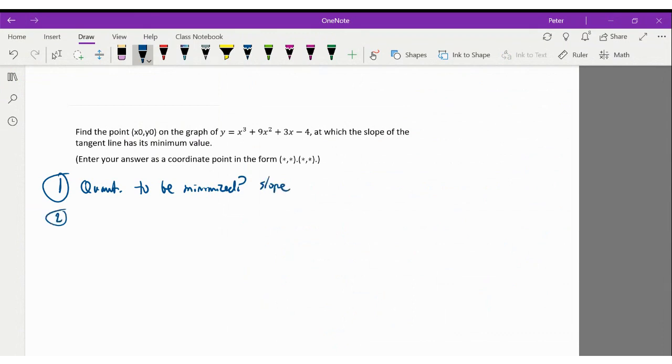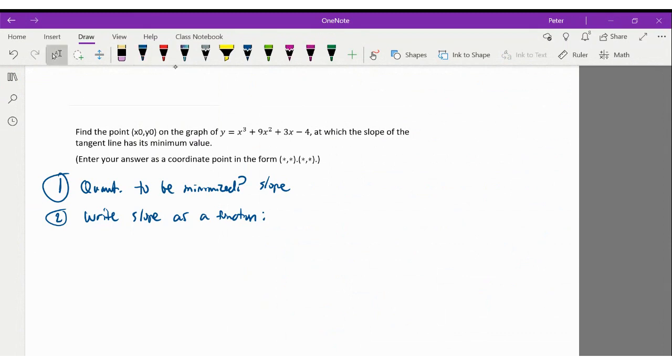So let's write slope as a function. How do you do that? Correct, f prime of x.